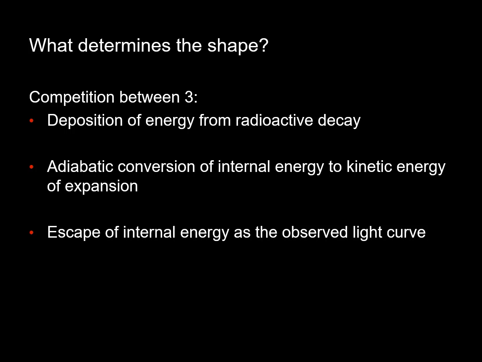And the second factor is the conversion of internal energy into kinetic energy of expansion during adiabatic expansion during explosion, and also some of the energy escapes as radiation, which we observe in the light curve.